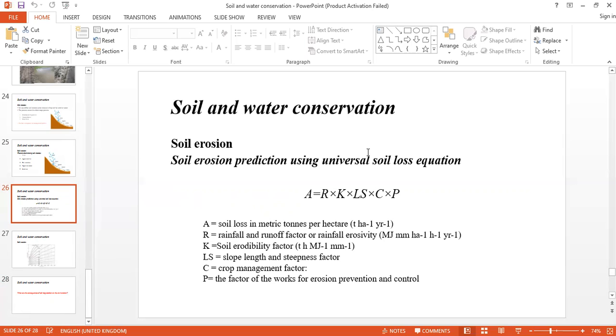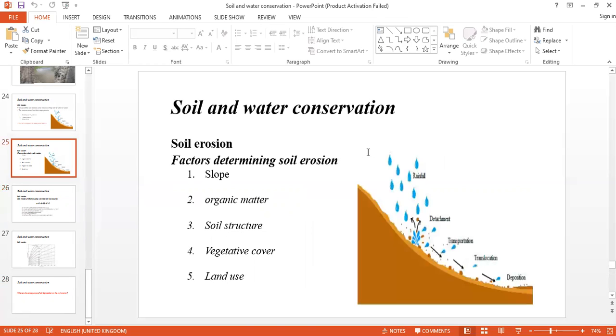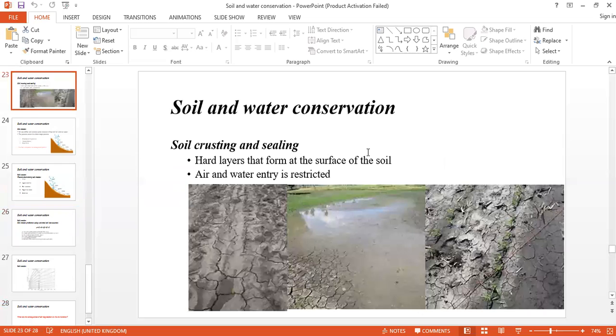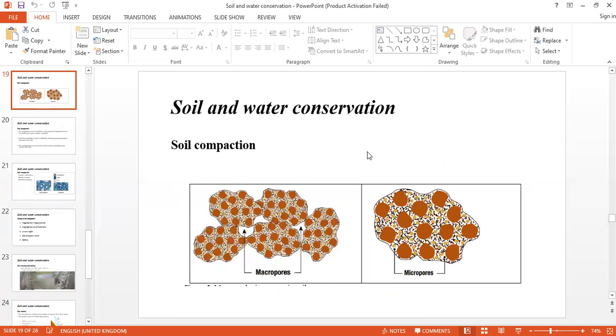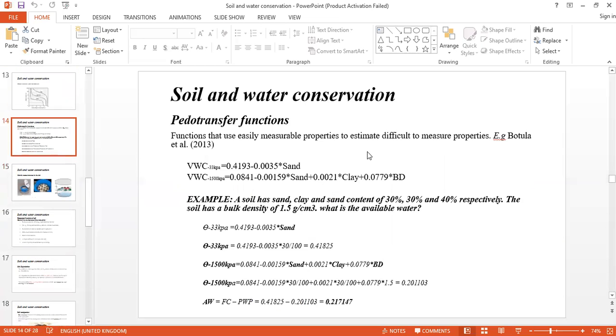If, for example, from unit 1 there will be calculations, let me see. Well, this one is not much of calculation. So maybe this one, pedotransfer functions. But for this one, we're going to see the application in water conservation.